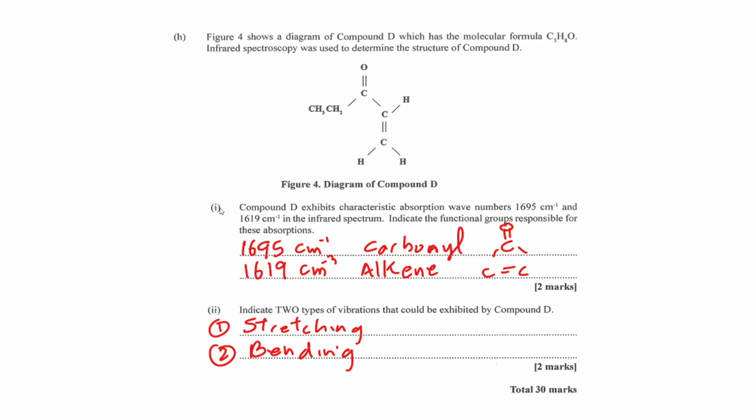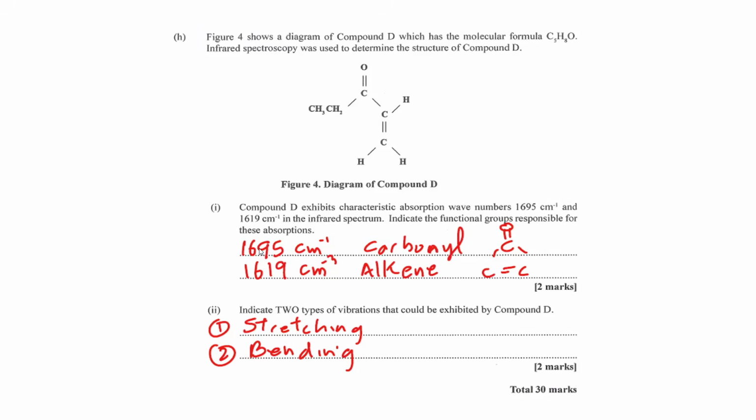Part H(i). Compound D exhibits characteristic absorbance wave numbers 1695 per centimeter and 1619 per centimeter in the infrared spectrum. Indicate the functional group responsible for these absorptions. So as you can see, here we have our carbonyl group and our carbon-carbon functional group.